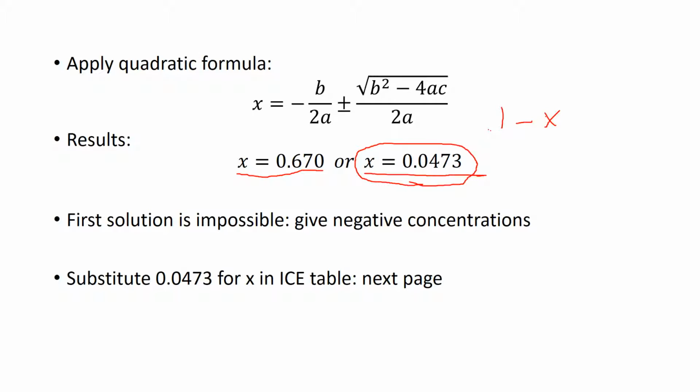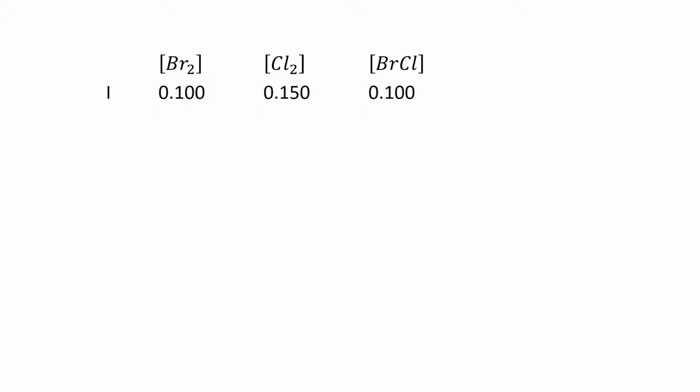So now I go back to that same ICE table, and now that I know the value, I put that in. So here's the first line, and in this next line, instead of the minus x, 2x, I put in the values of x that I got, which was, so minus x is minus 0.0473, and plus 2x is plus 0.0946.